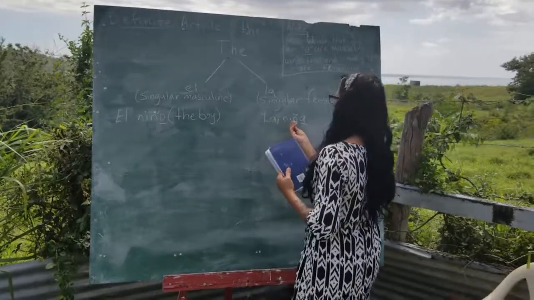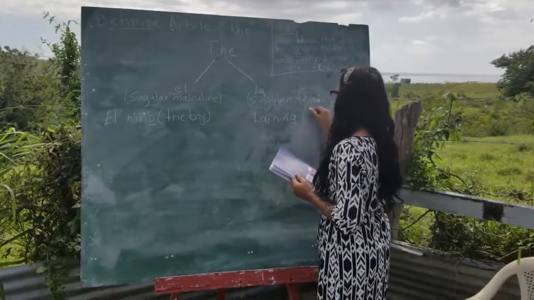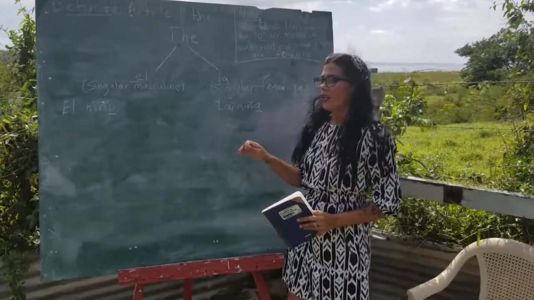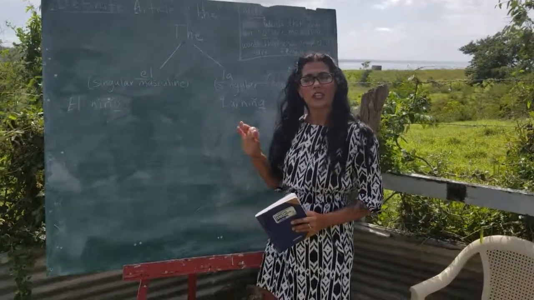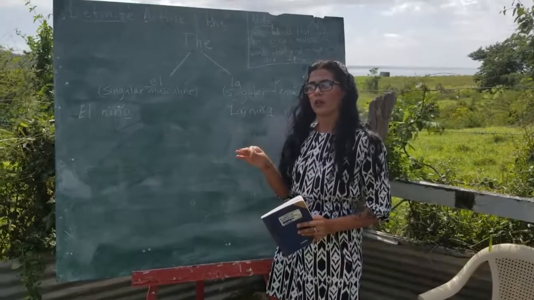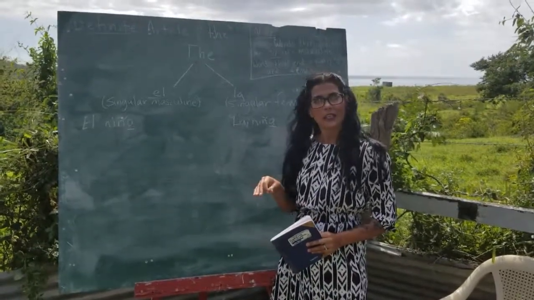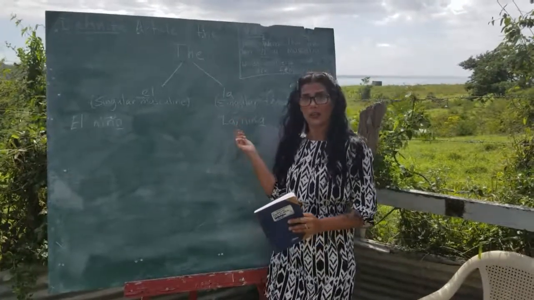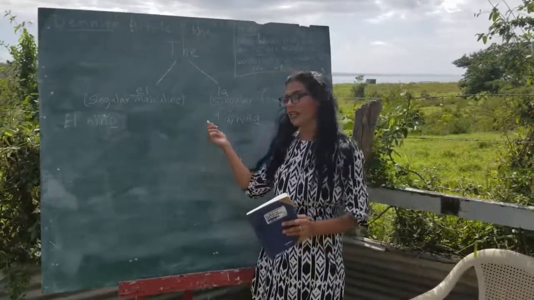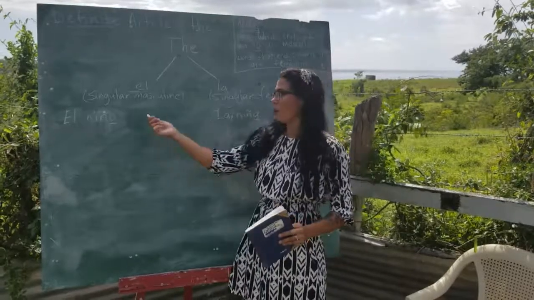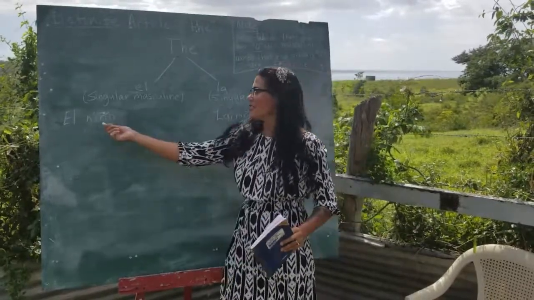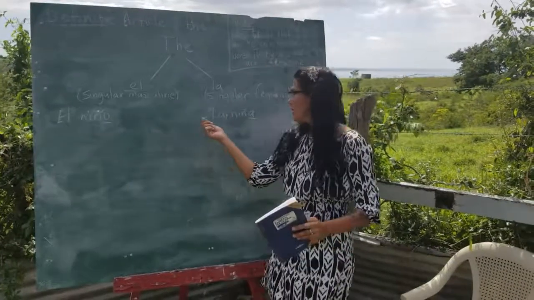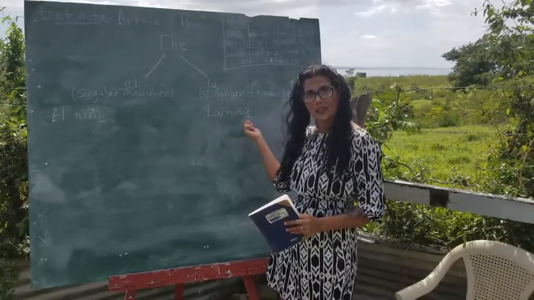And la niña is the girl. A lot of times in Spanish, you can change a word from feminine to masculine and from masculine to feminine by changing that last letter from an O to an A or from an A to an O. You can see it here. It's the same word, niño, but you change the O to an A. Niña is a girl.